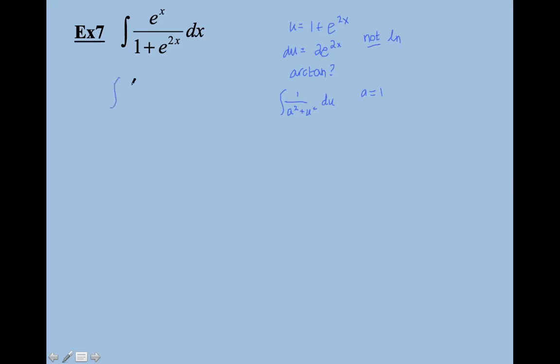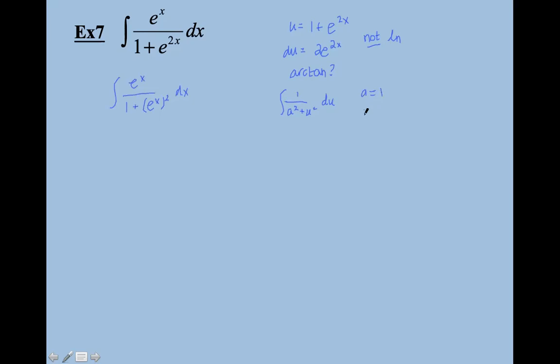But now the question is, is this something squared? Well, let's look. We have our e to the x. This is 1 plus, and yes, I can write this as e to the x squared. All right, remember properties of exponents, if one's on the inside and one's on the outside. So this is in fact e to the x squared.